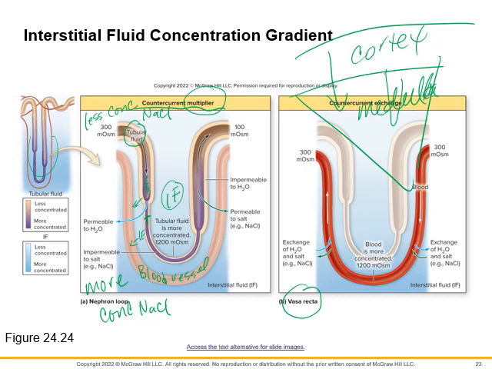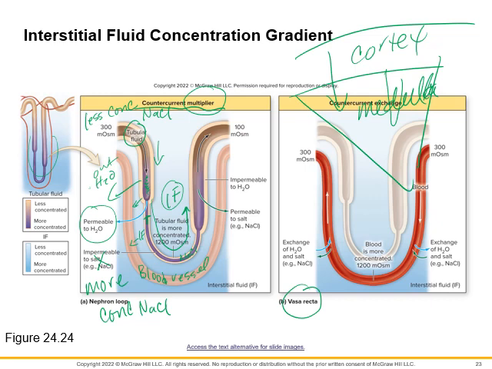Right now, I just want to focus on the fact that the descending limb is permeable to water, so we're moving water out here, but we're not moving salt. It's impermeable to salt. So the water's moving out and it's concentrating the tubular fluid. So there's more sodium chloride in the tube as it makes its way through the loop.